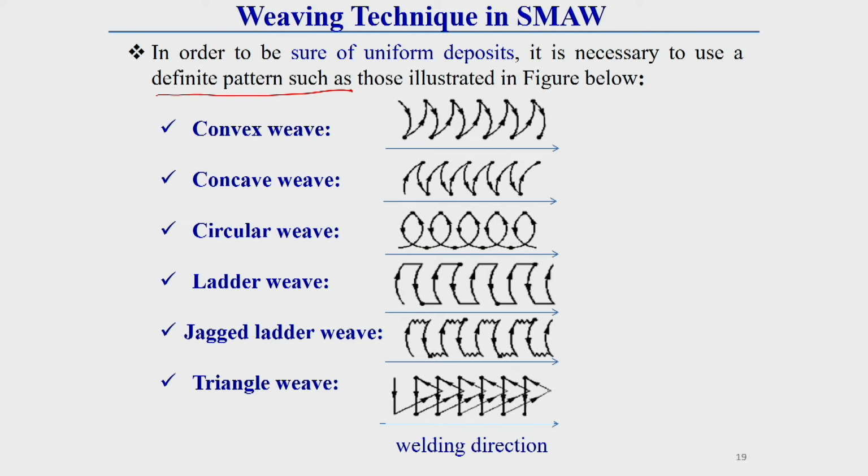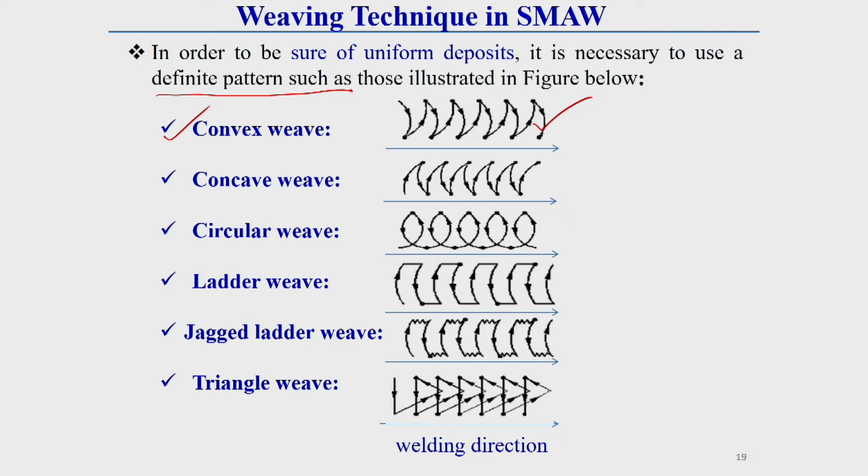Here I am showing six different weaving patterns that are widely used. The arrows represent the movement of the electrode, and how this movement should be.